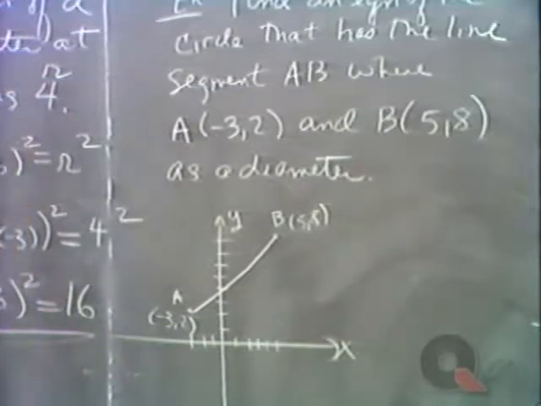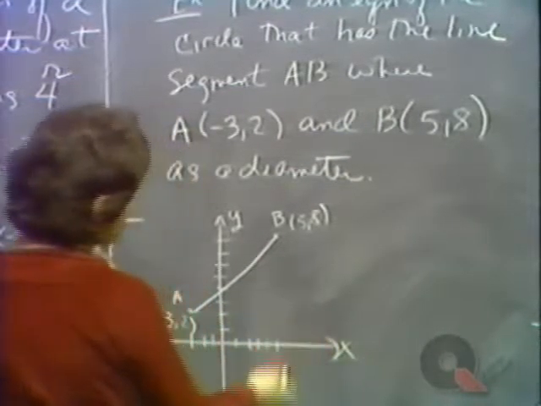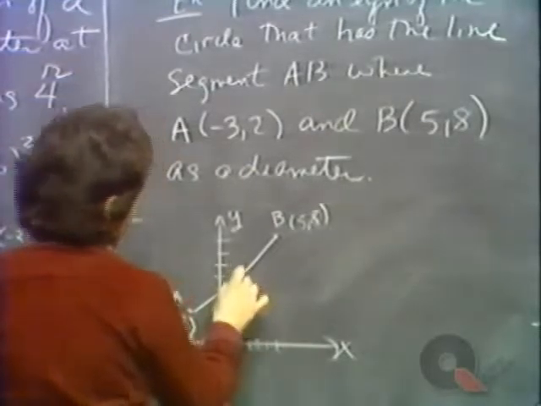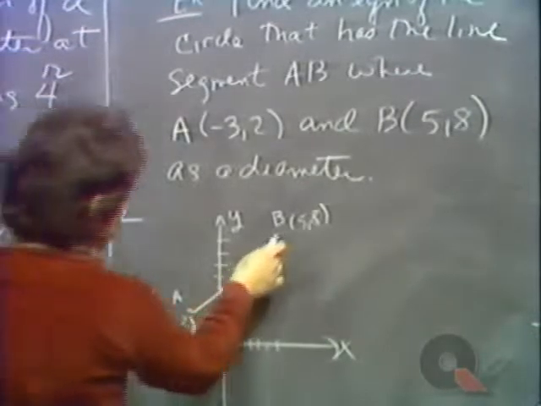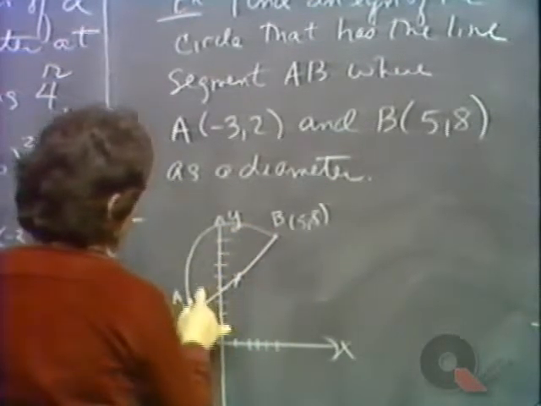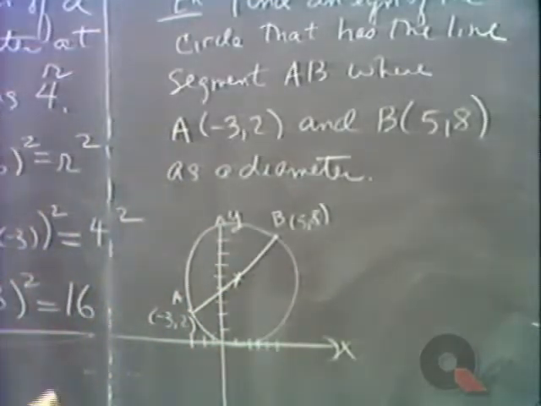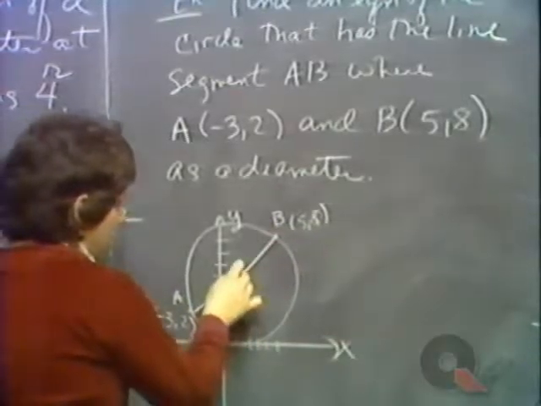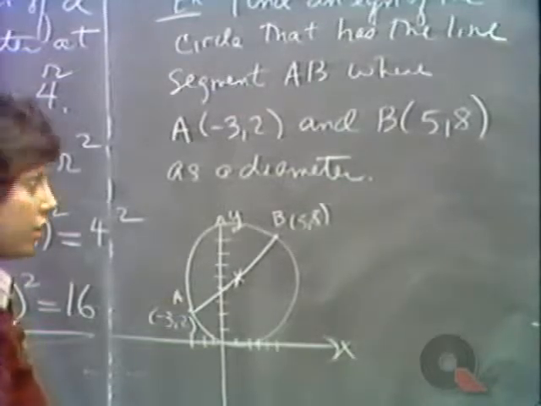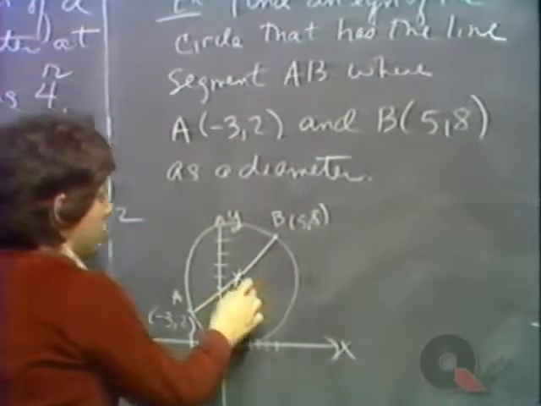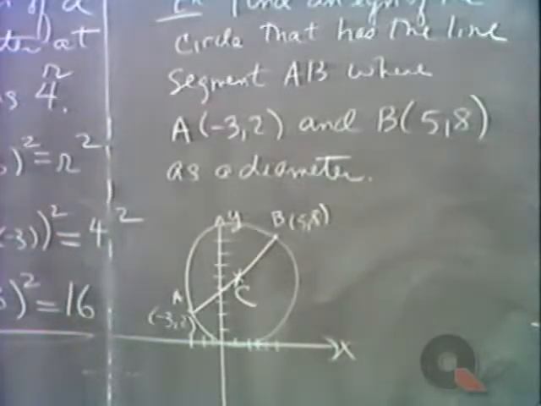This line segment is a diameter. From that, I can figure out that the center of the circle must be the midpoint of that diameter, and the circle itself must look something like this. You'll forgive the picture if it's not totally accurate. The center is going to be at the midpoint of this diameter. We can find the coordinates of the center using the midpoint formula.